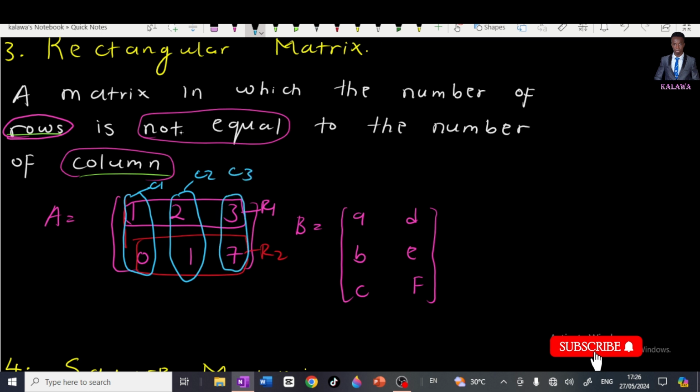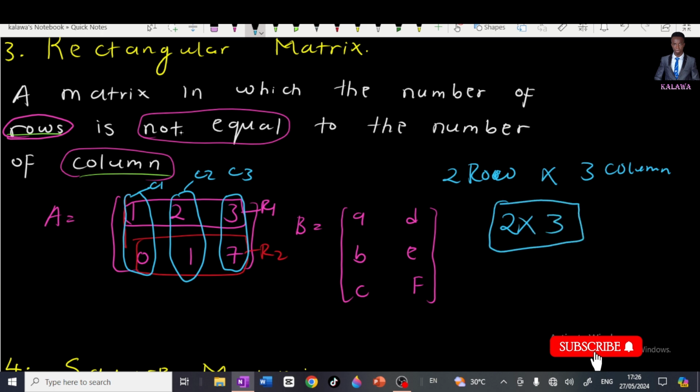So this is called a rectangular matrix because we only have 2 rows and 3 columns. We can call this a 2 by 3 matrix.